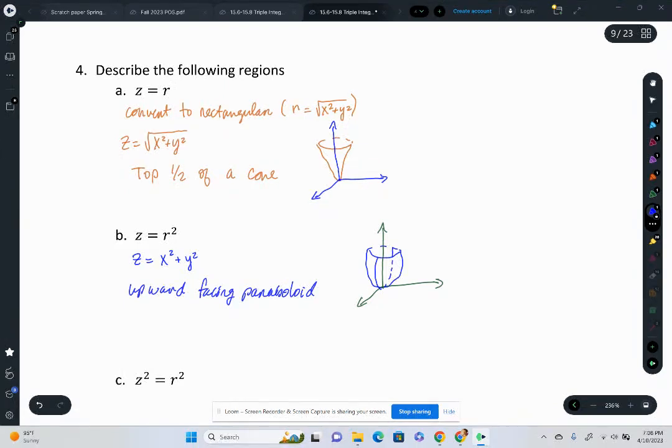Okay, so there's my paraboloid. It's upward facing, I know, because I just did the little cheat where I focus on one variable at a time, like z equals x squared. I know that that's the equation of a parabola. Let me go ahead and redraw that.